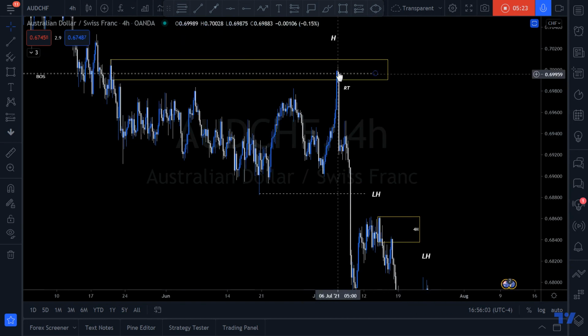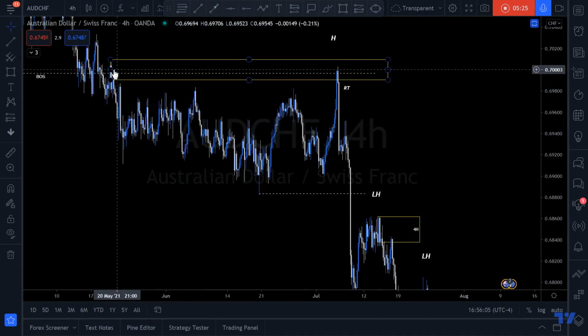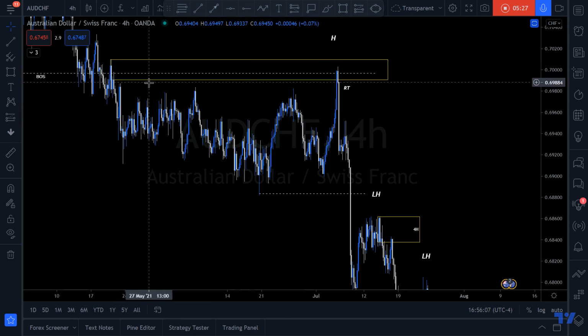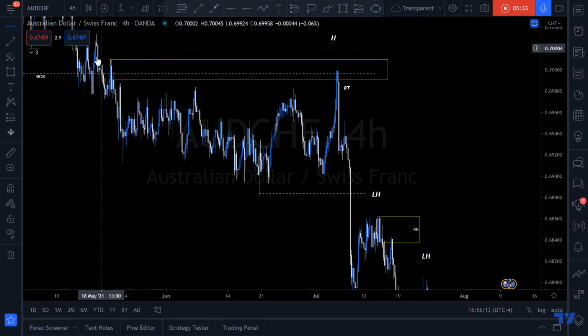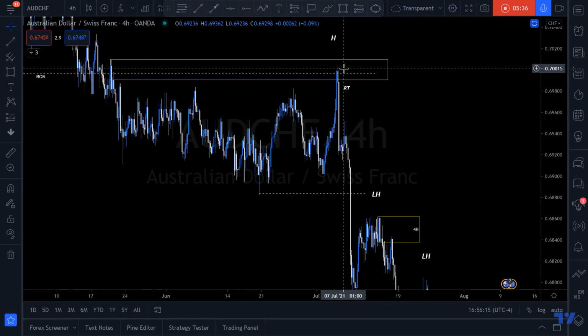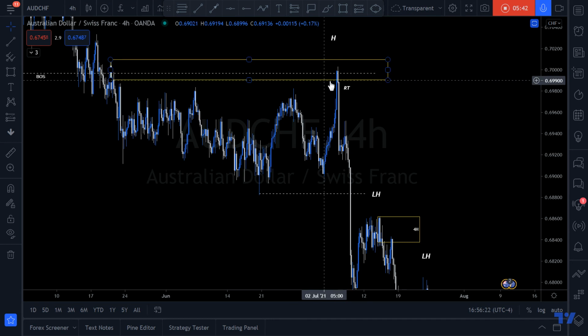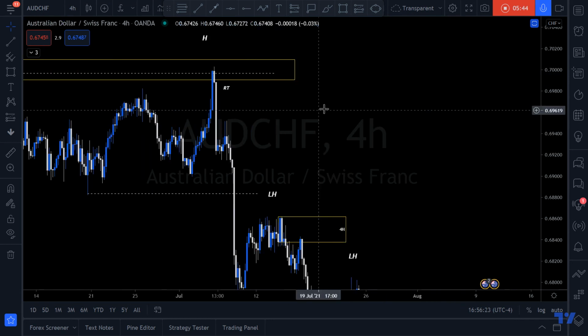But what happens? We did get a retest of this order block, and if you wait patiently, more often than not, I'm talking about 80 to 90%, order blocks are retested, and you wait for that retest, and that's where you get your entry. And this would have been a lovely entry for a short here.